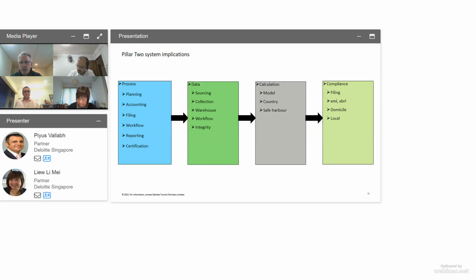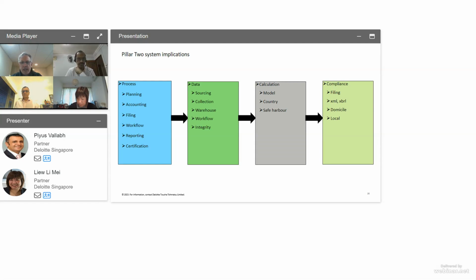Are you going to file it XML, XBRL? For the specific domicile, is there a local filing as well? So filing and compliance is an important part of the process, and certainly one to be planned for as well. So a lot to do with respect to a new historic global tax regime. So let's go to the next slide.